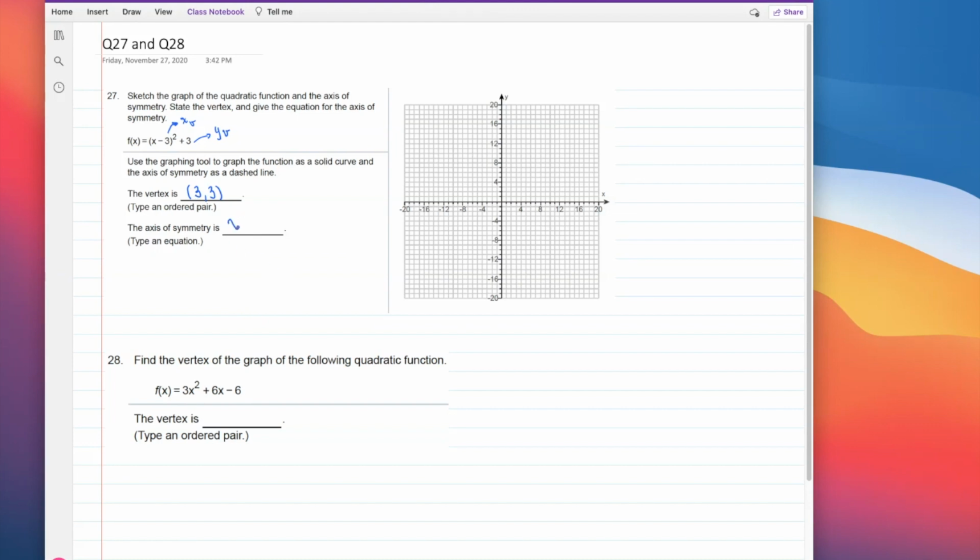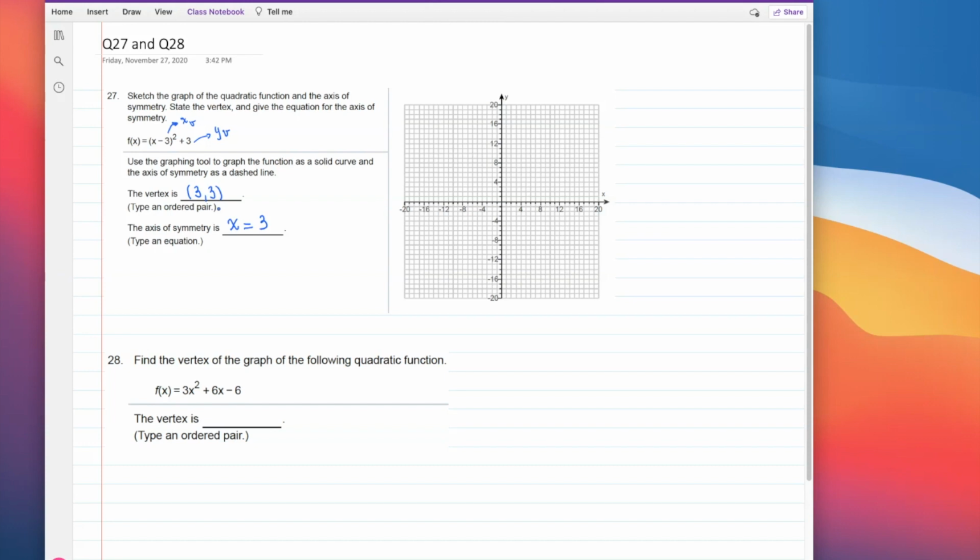A vertical line is written x equals something, and this something is the x of the vertex. Now you have those two pieces of information, and you didn't have to do any calculation whatsoever so far.